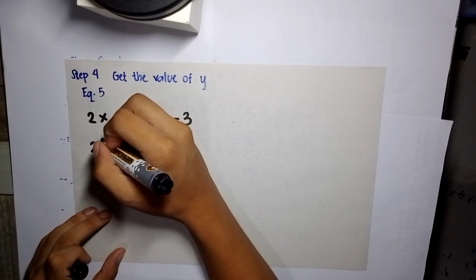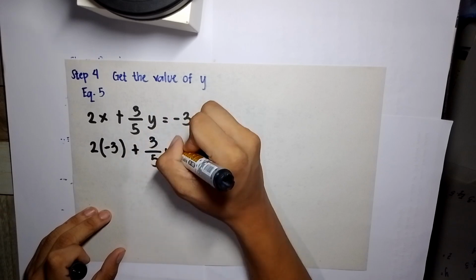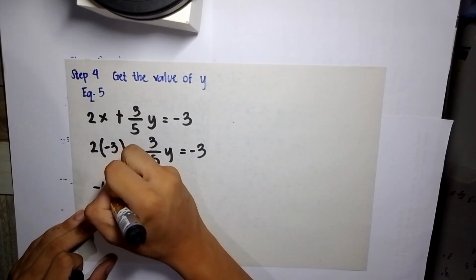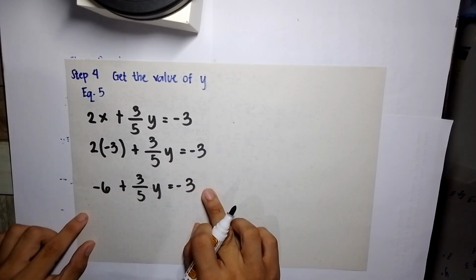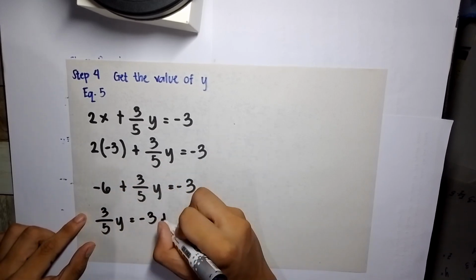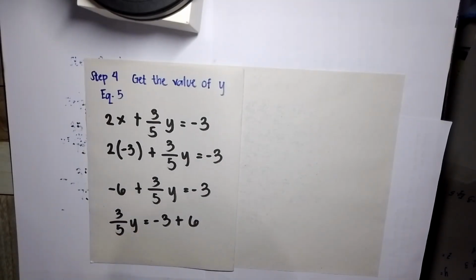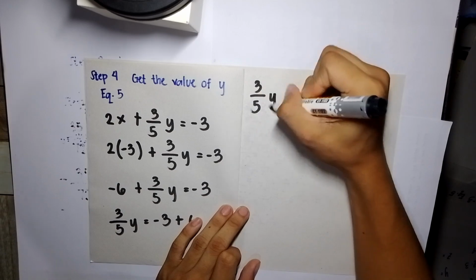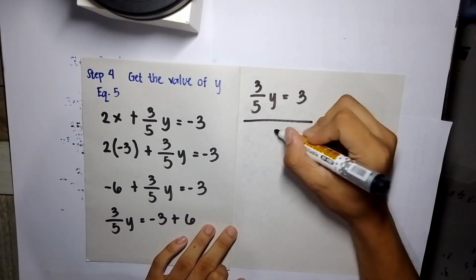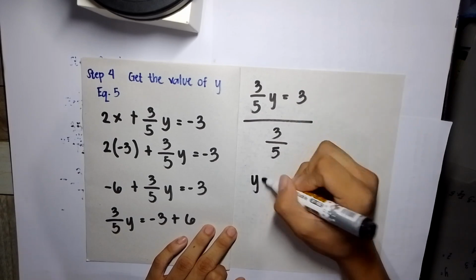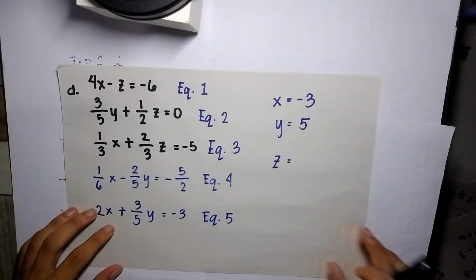Substitute x with negative 3. Make the coefficient of y equal to 1. Therefore, we are going to divide by 3 over 5. Now, the value of our y is 5.